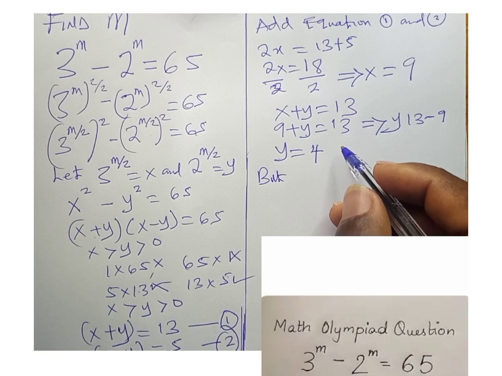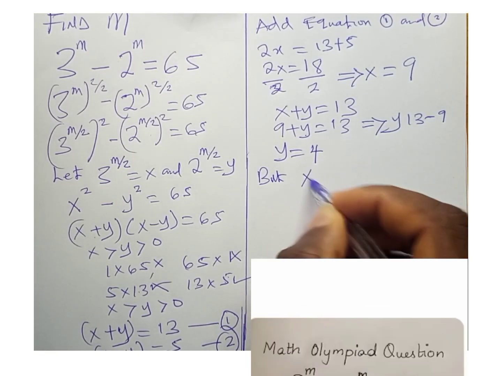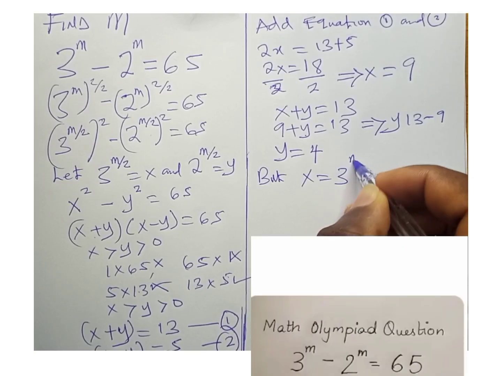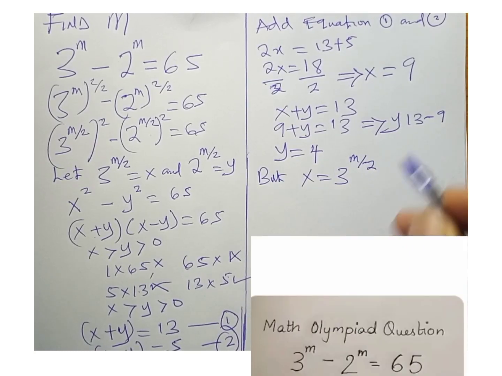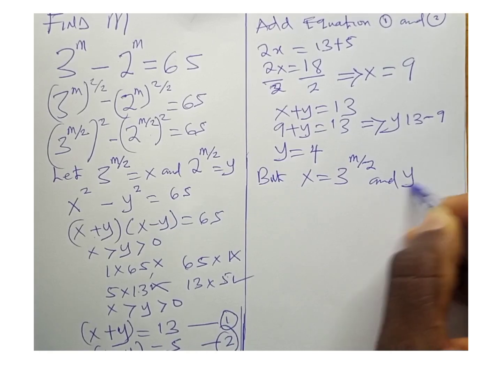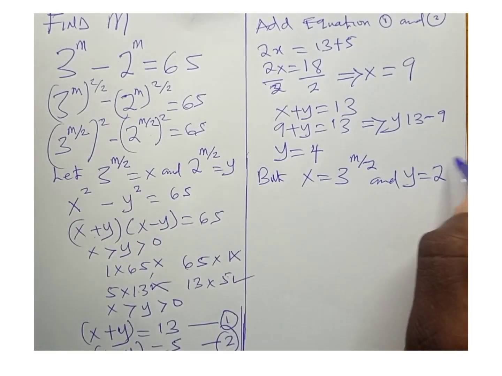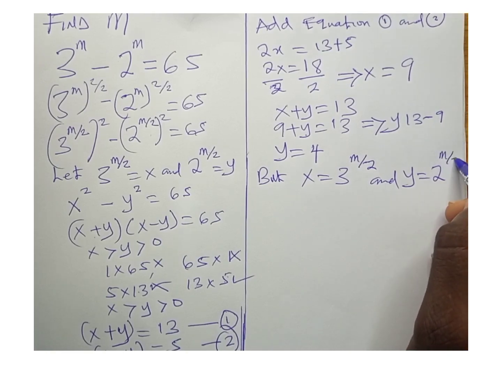Remember, from our original equation, we already said that x is equal to 3 raised to power m over 2, and y is equal to 2 raised to power m over 2.